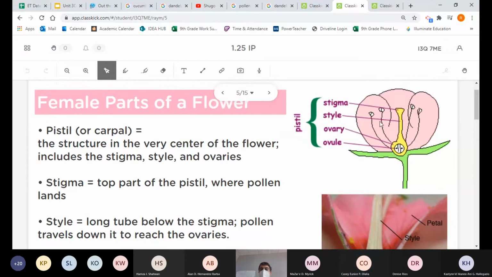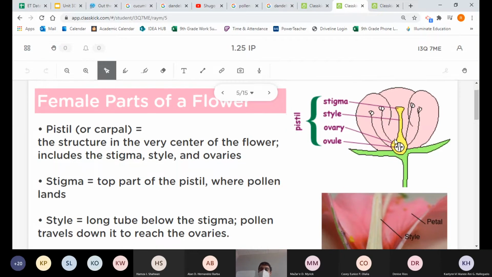So you can see we have a pretty simplified diagram here of what we're looking at. Whenever you look at the flower, underneath the petals, you have the polleny stuff, but you also have this really big structure here in the center, and that's what we're looking at. This is the pistil. If you turn it on its side, it kind of looks like a cannon or a gun, so that might be an easy way to remember the pistil.